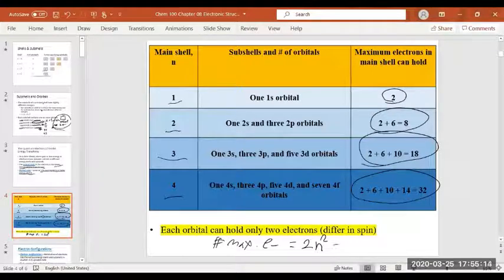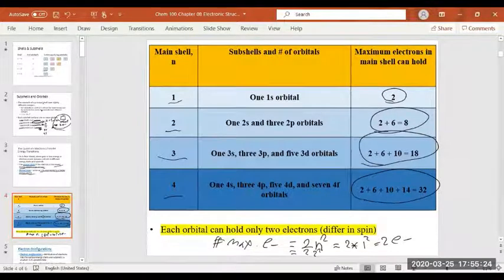So for example, if you have n equal 1, it will be 2 times 1 squared, and that will be 2 electrons. If n equal 2, it will be 2 times 2 to the power 2, equal to 2 times 4, and that will give you 8 electrons. n equal 3, it will be 2 times 3 squared, 2 times 9, and give you 18 electrons.